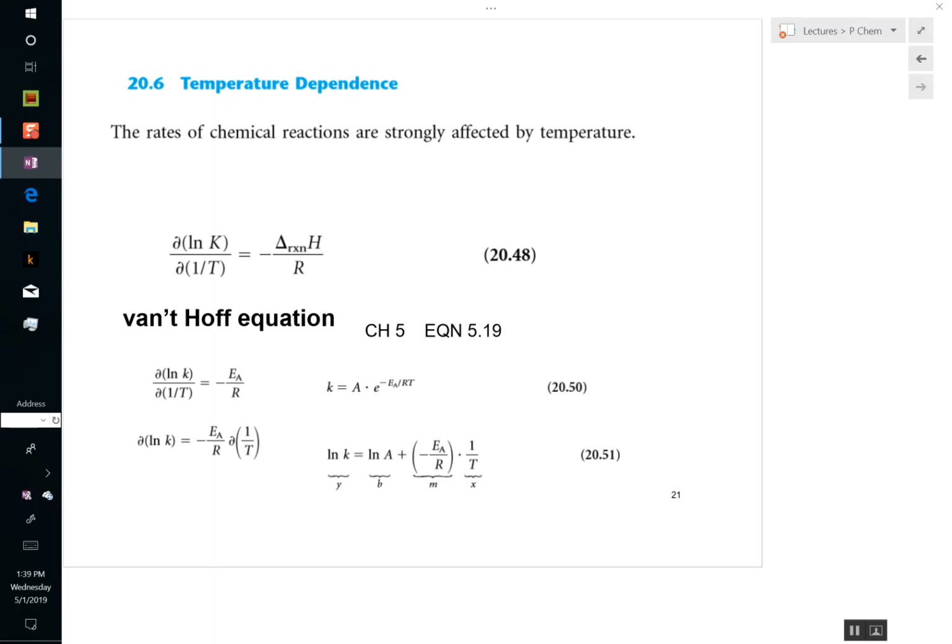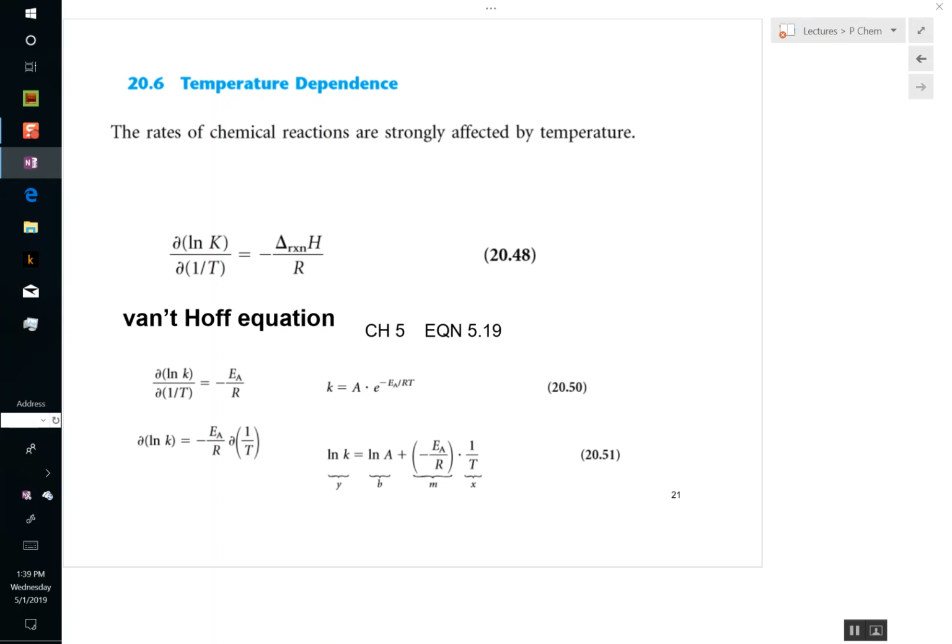This is the same equation we saw in chapter 5 before we talked about kinetics at all. And this K is the equilibrium constant K.